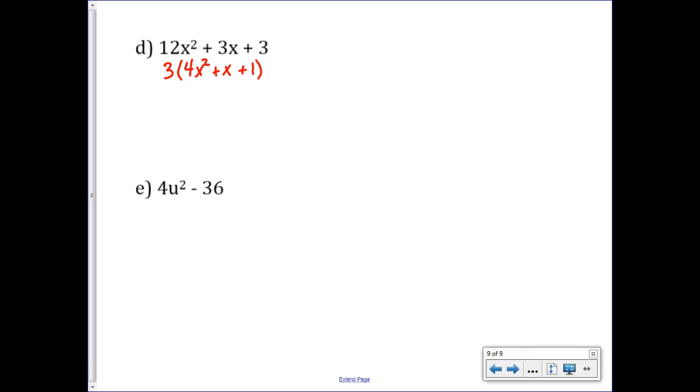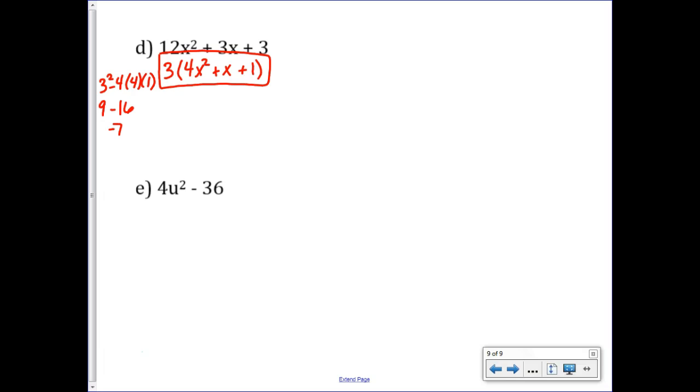I'm going to do a quick b squared minus 4ac. So 1 squared minus 4 times 4 times 1. So 1 minus 16 is negative 15. Ooh, that doesn't look promising. So we're going to stop there, and that's your answer. We were able to only pull out a greatest common factor.